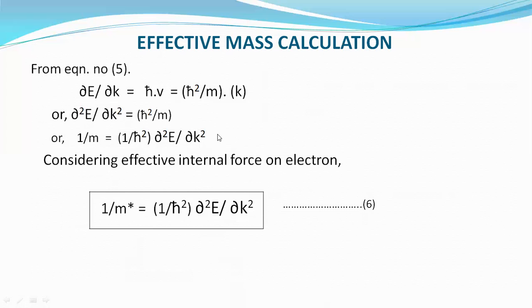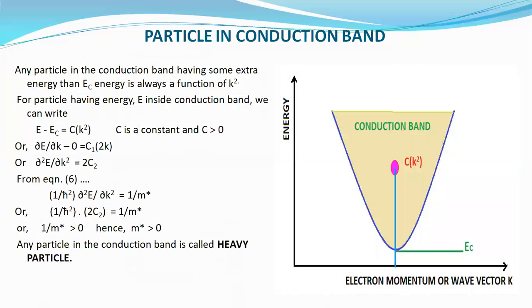If you consider the effective mass, it is given by 1 upon m star is equal to 1 upon h cross square d2E by dk square, equation number 6. This is the differential form to calculate the effective mass of an electron.